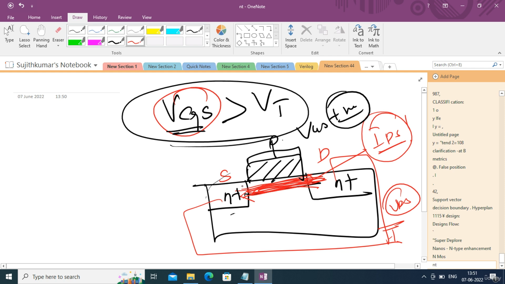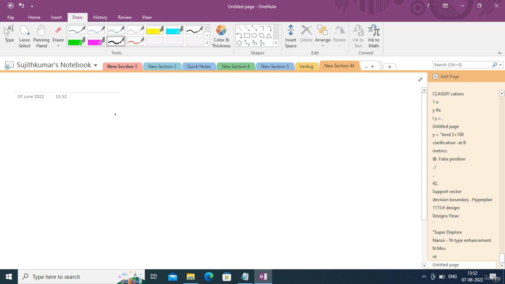The channel will be formed, but if the electrons really have to be pushed, we have to connect another voltage source, which is nothing but VDS. So to make the electrons move, we connect VDS. To make the channel, we connect VGS, and we make VGS greater than VT, right?